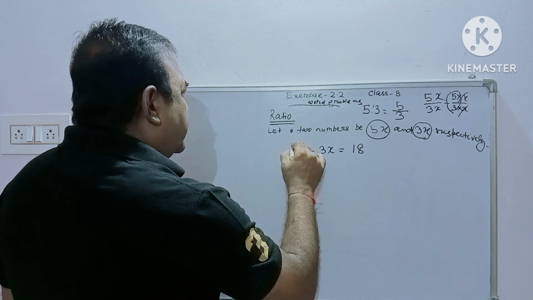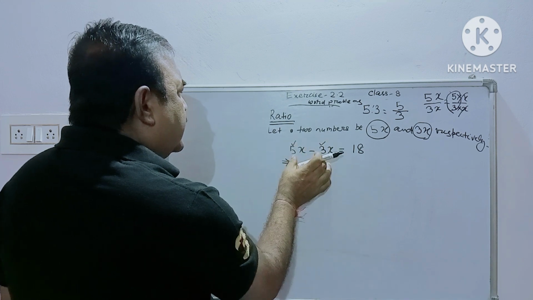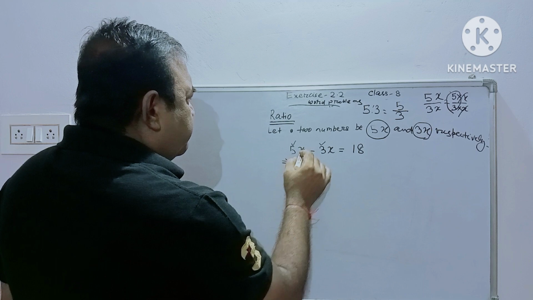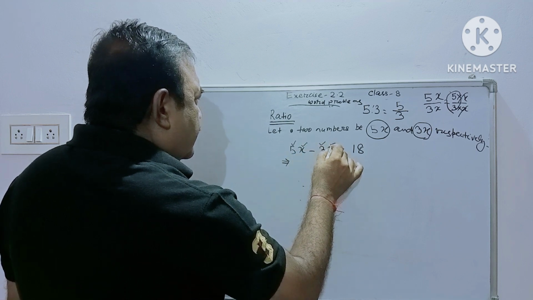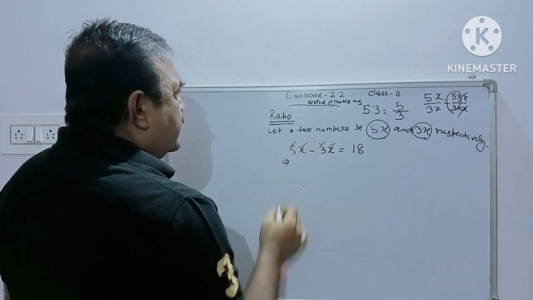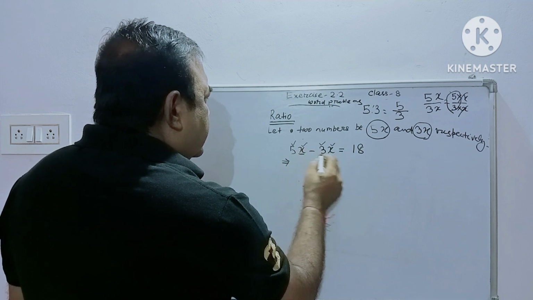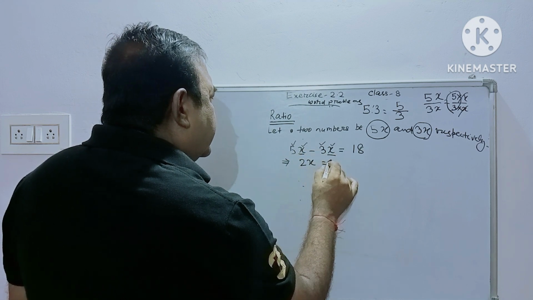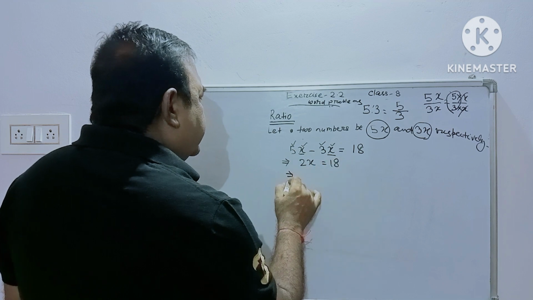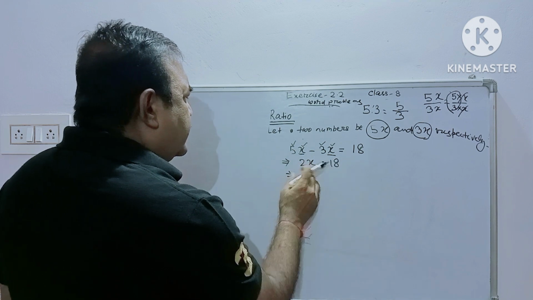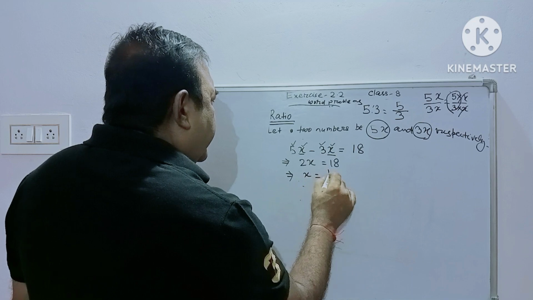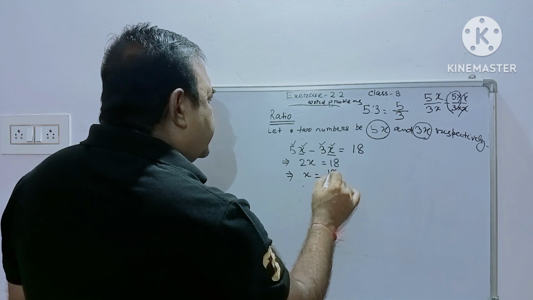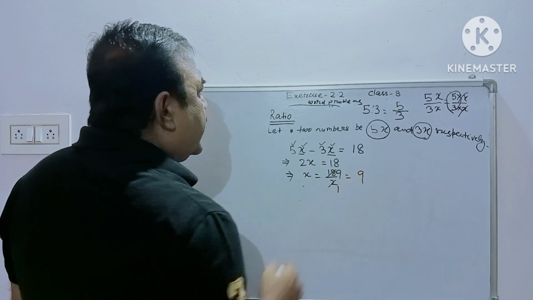You see these are the numerical coefficients, and you take the difference of the coefficients because these are like terms. So 5 minus 3 is 2. So 2x is equal to 18. That implies 2x means 2 is multiplied by x. So x is equal to 18 divided by 2, that is 9. So x is equal to 9.